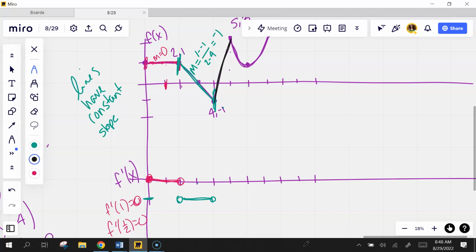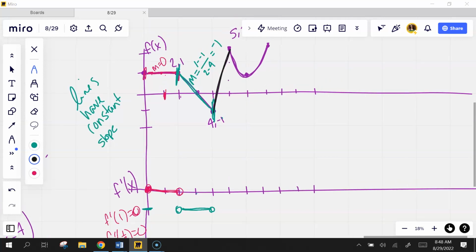What's the slope? 4. 1, 2, 3. Oh dear, that's okay.